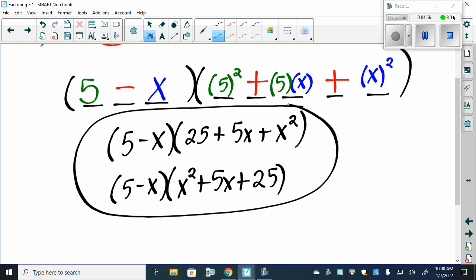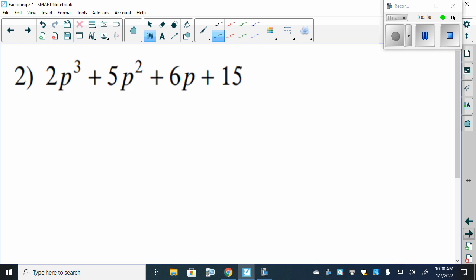All right, let's look at the last type of factoring that we have, and that is factoring by grouping. Or another way that I think of this here is greatest common factor twice. Now, the way that we look at factoring by grouping is that we're going to group these together and factor it that way.